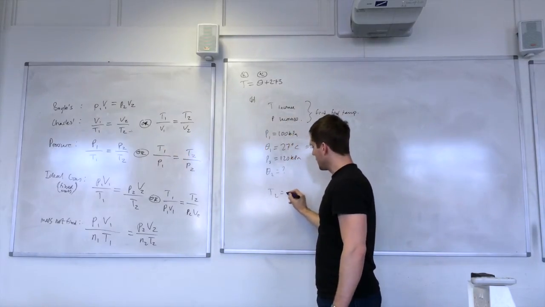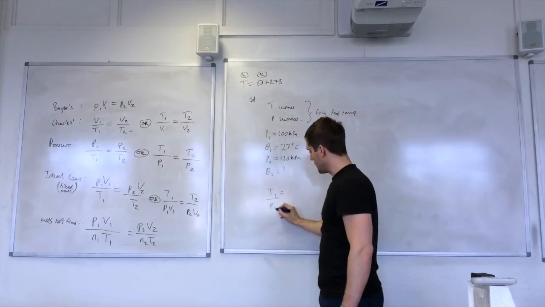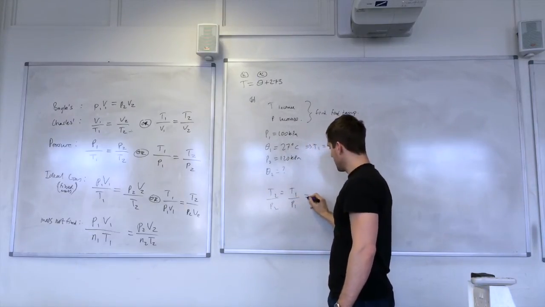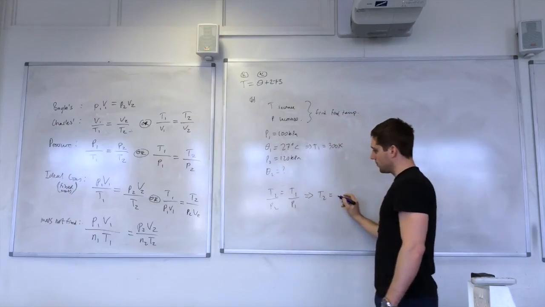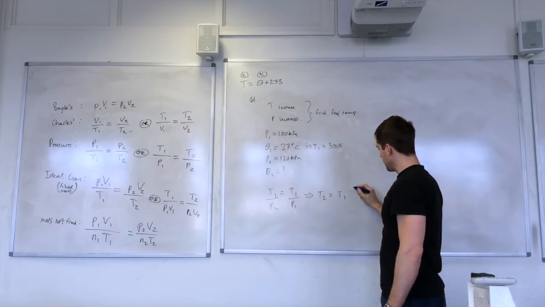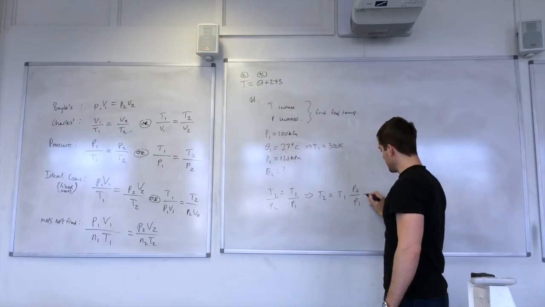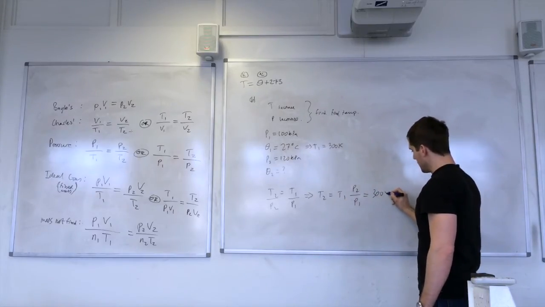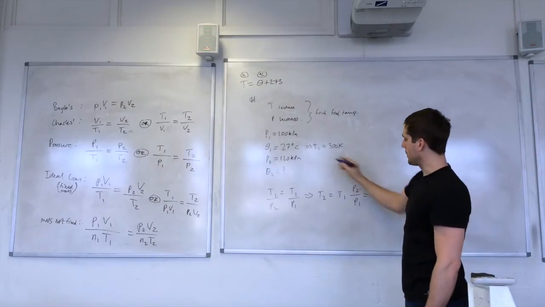So T2 is equal to, if I write out P2 over T2 equals P1 over T1, so T2 is equal to T1 times P2 over P1. T1 is 300, P2 is 120.